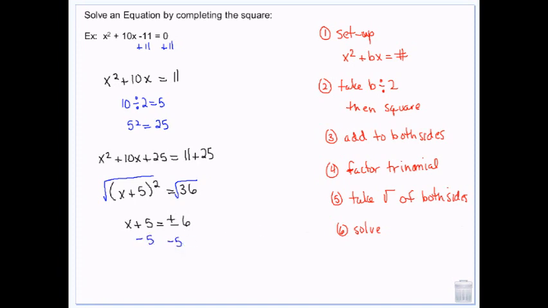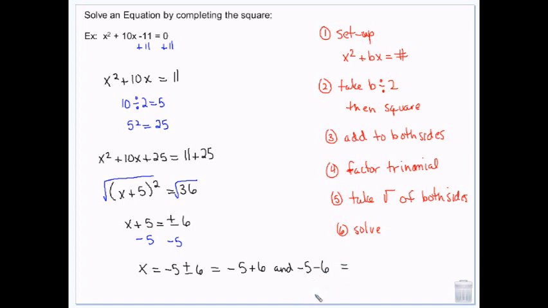Subtract 5. And what I get is x is equal to negative 5 plus or minus 6. And since these are like terms, I can actually do this plus or minus. So it ends up being negative 5 plus 6 and negative 5 minus 6.